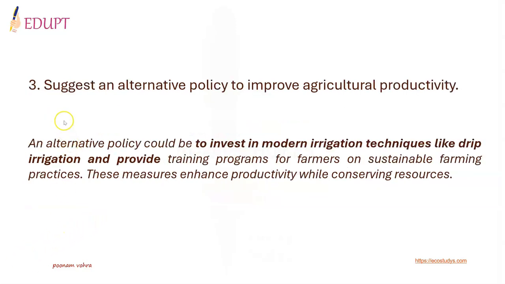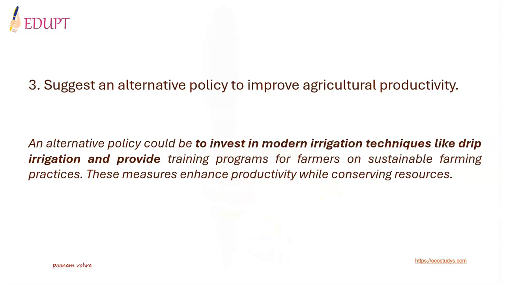Question 3. Suggest an alternative policy to improve agricultural productivity. An alternative policy could be to invest in modern irrigation techniques like drip irrigation and provide training programs for farmers on sustainable farming practices. These measures enhance productivity while conserving resources.